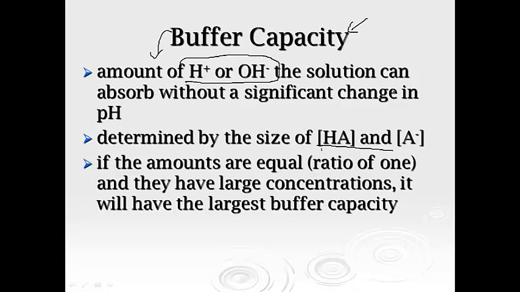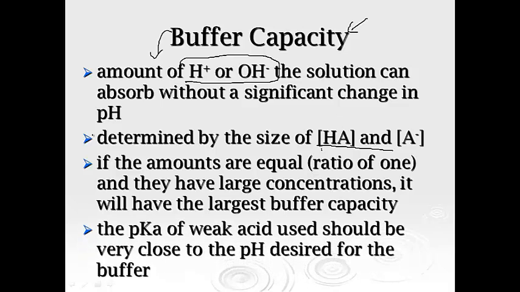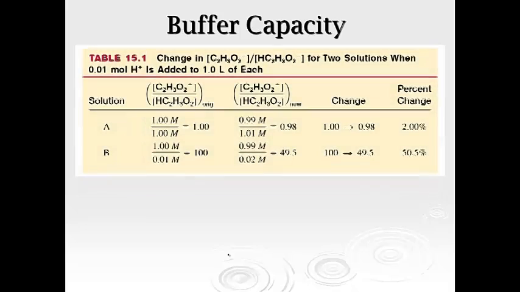If the amounts are equal and they have large concentrations, it has the largest buffer capacity. And if you're trying to pick, the pKa of the weak acid should be very close to the pH desired for the buffer. Remember, pKa is equal to pH when they're equal, and we want those to be close. We've talked about some of those when we do half titrations and some of those lab scenarios.